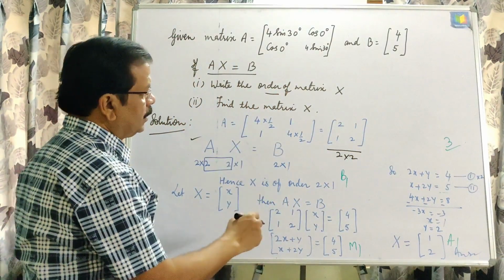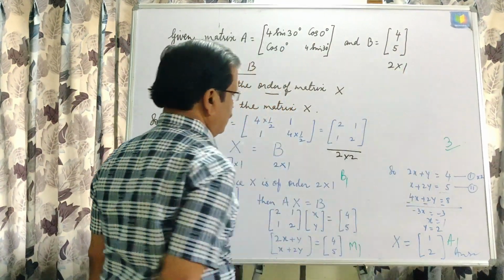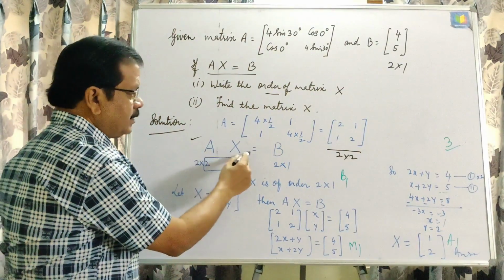And we know here that matrix B has 2 rows and 1 column, that is 2 cross 1, and we are given AX is equal to B.